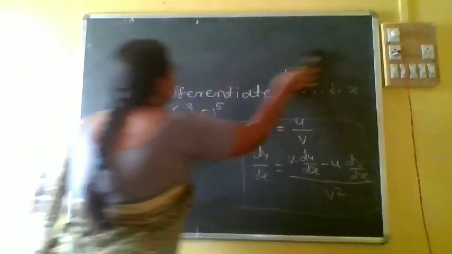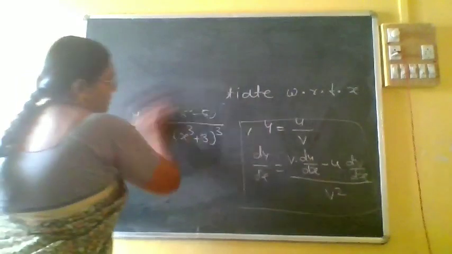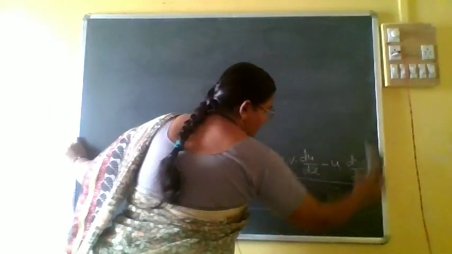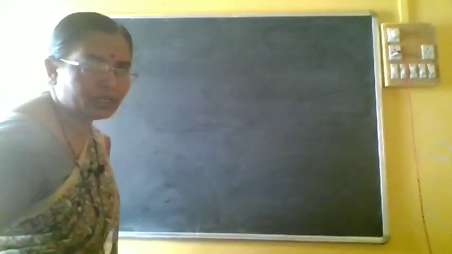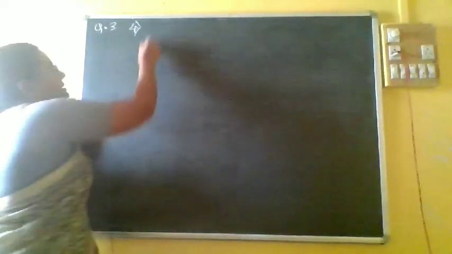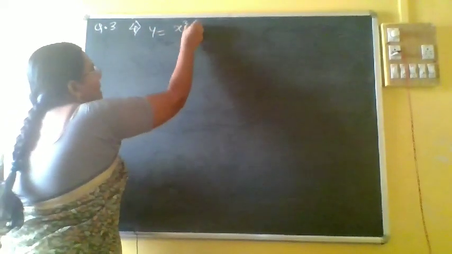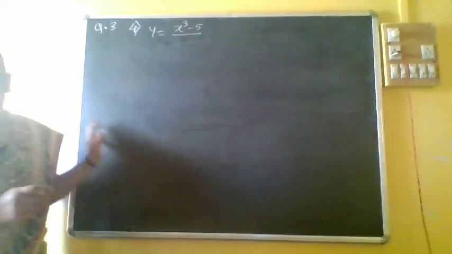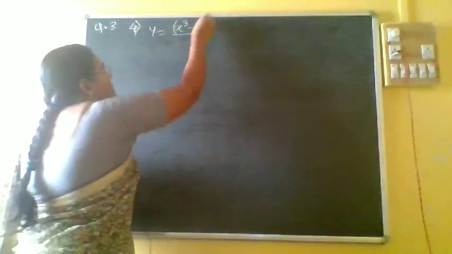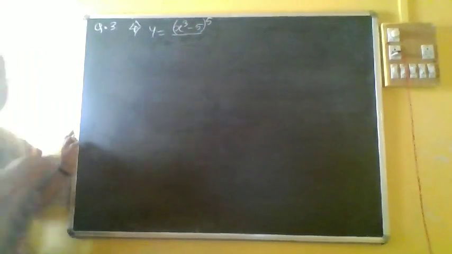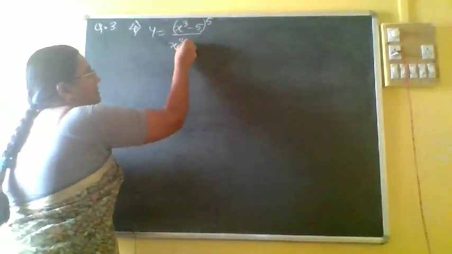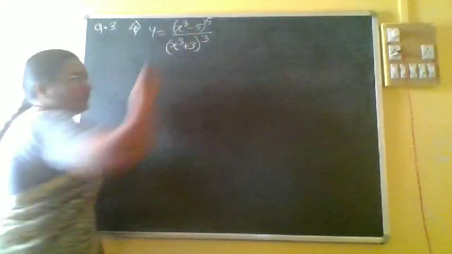Let us see how to differentiate. Students, you first practice the standard formulas of the derivatives of the given functions. Let us take question number 3, the fourth example, that is y is equal to (x cube minus 5) bracket raised to 5 divided by (x cube plus 3) bracket raised to 3.